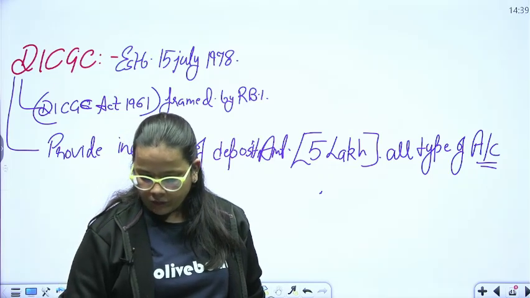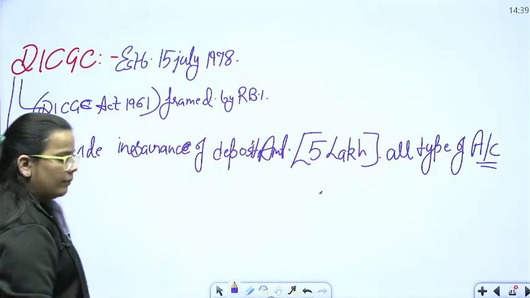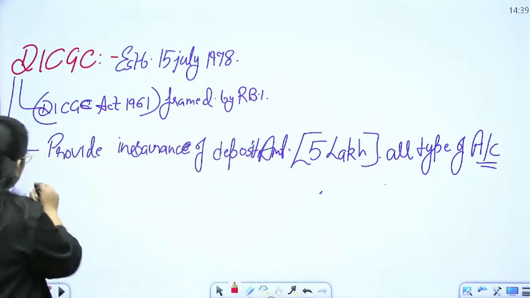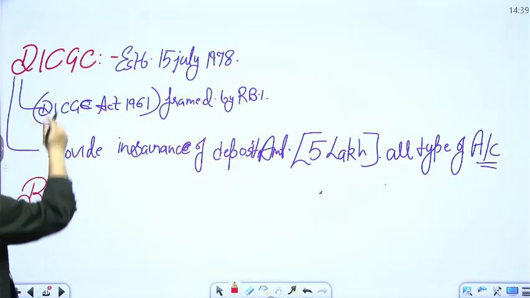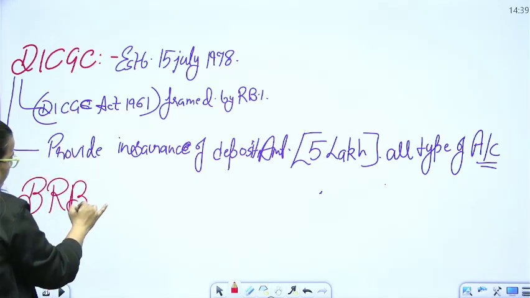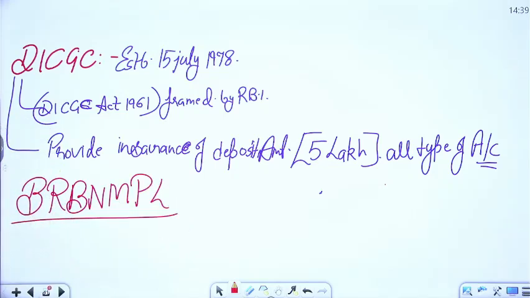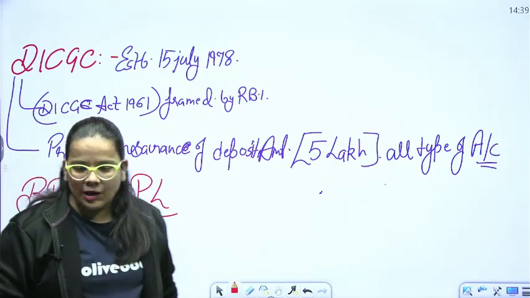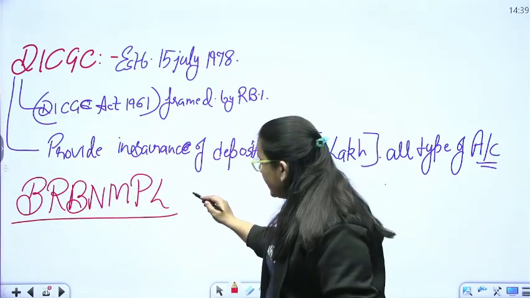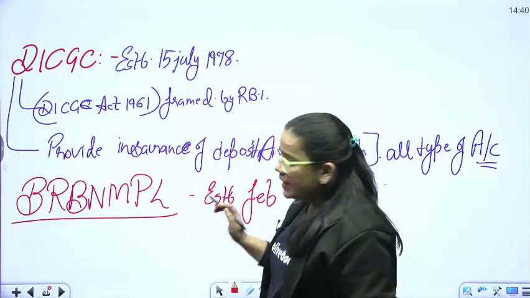Okay. Now let's talk about BRBNMPL or Bharatiya Reserve Bank Note Mudran Private Limited. Actually, only these two subsidiaries are important from our exam point of view. BRBNMPL, as the third subsidiary, we can call it, of RBI, was established in February 1995.